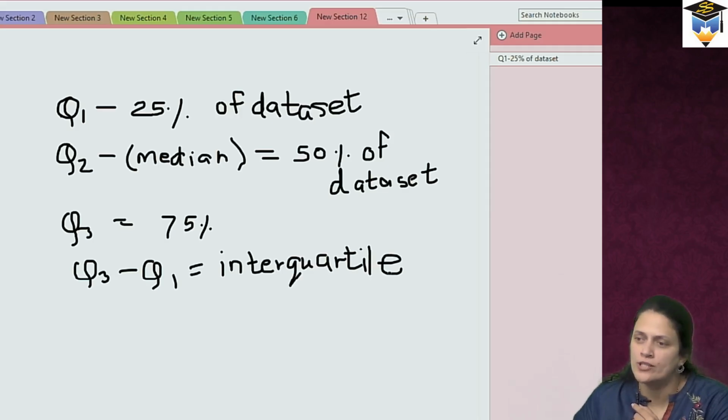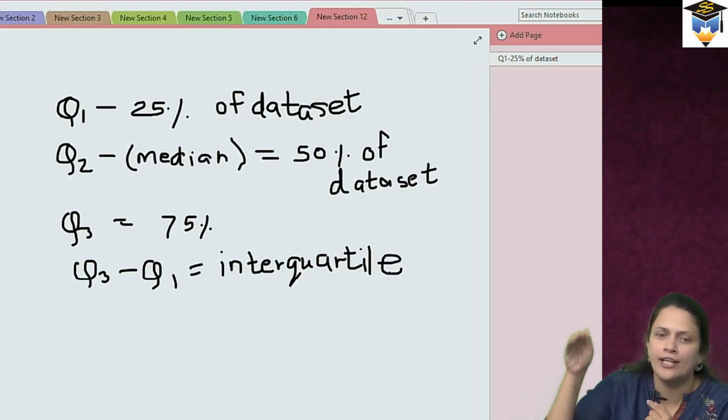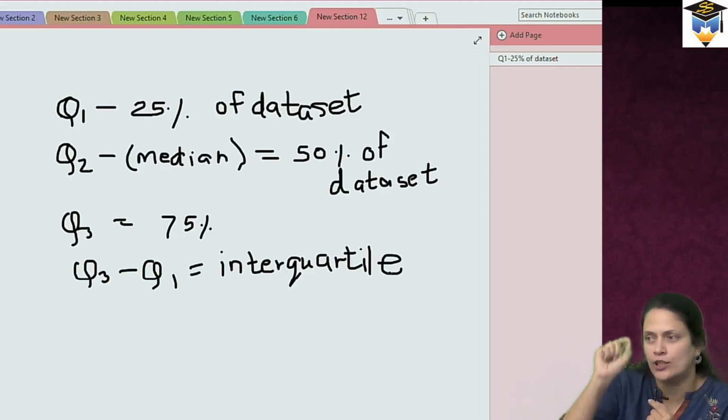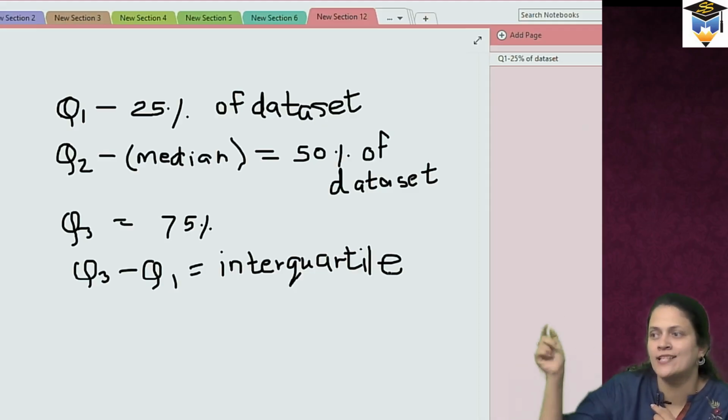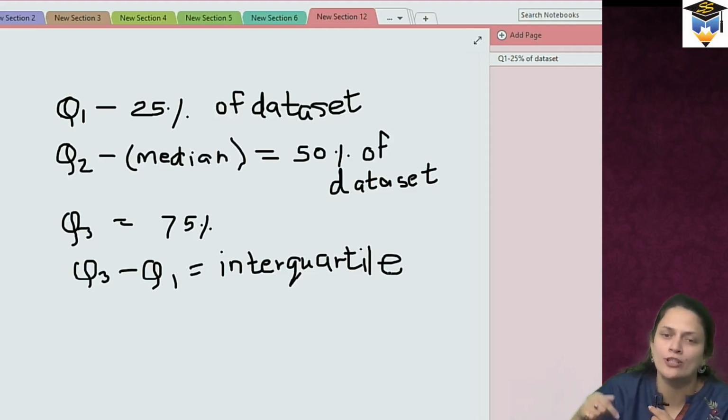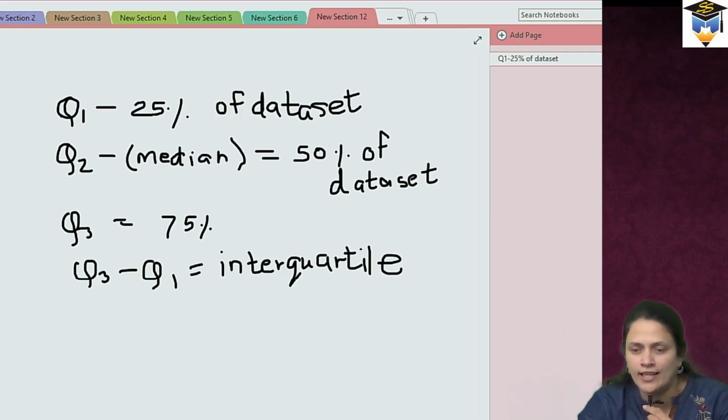So, understood what a quartile is? The total set is divided into 4 parts, which gives us Q1, Q2, Q3, Q4. Q1 is 25% of the data set, Q2 is 50%, Q3 is 75%, and Q3 minus Q1 is called the interquartile range.